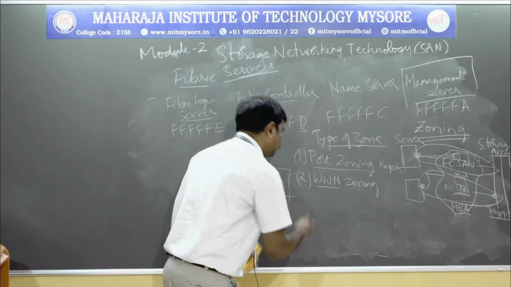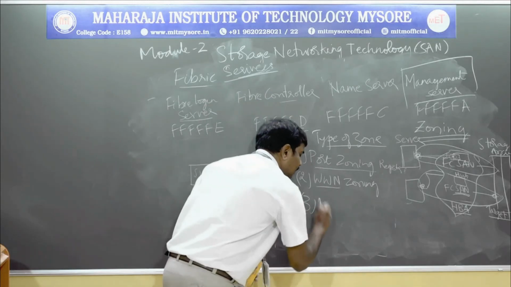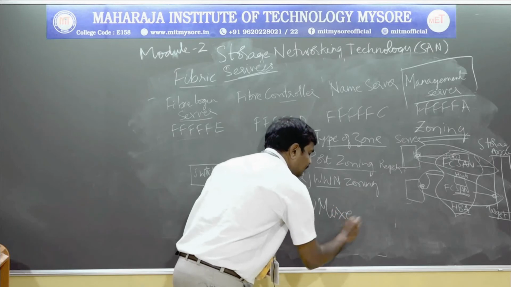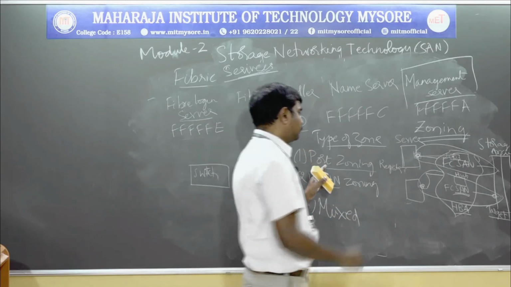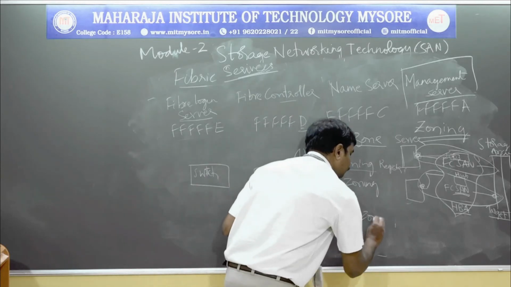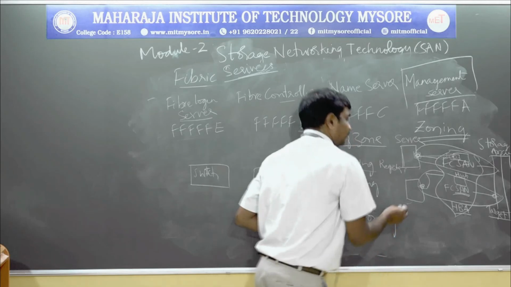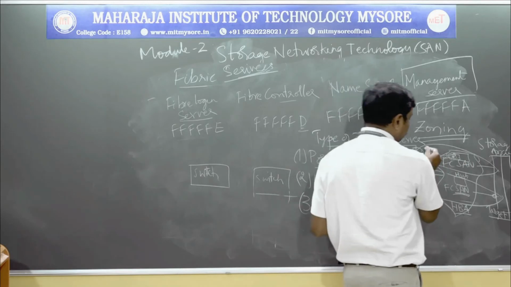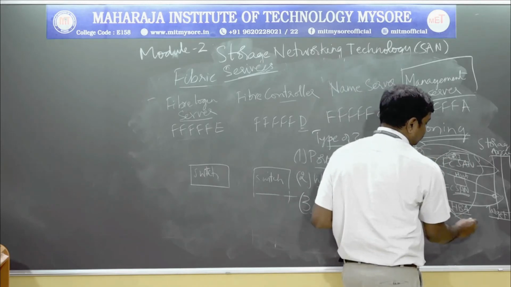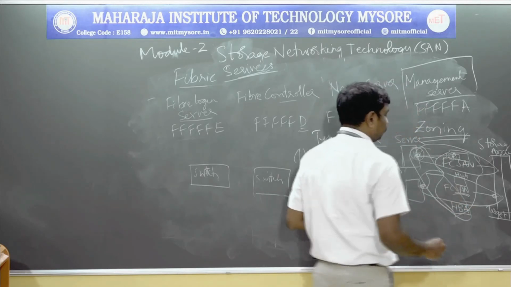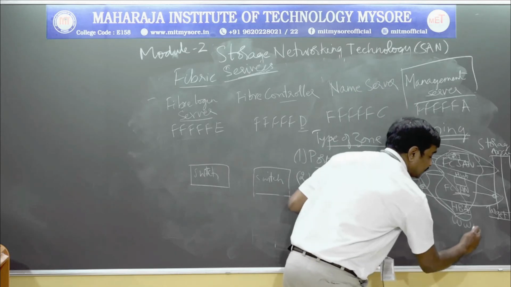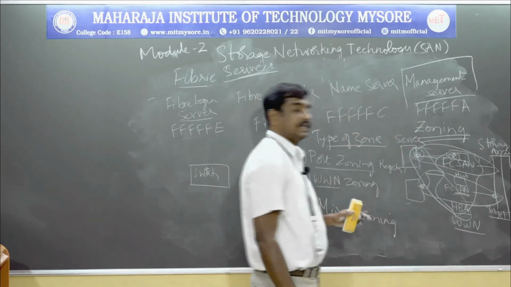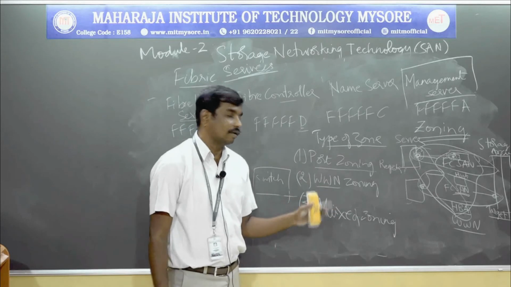And the third one is a mixed type. That means we can give mixed types of zoning. Either we can give security at the port level, or in some cases at the port level as well as the network level by using WWN, worldwide name zones.